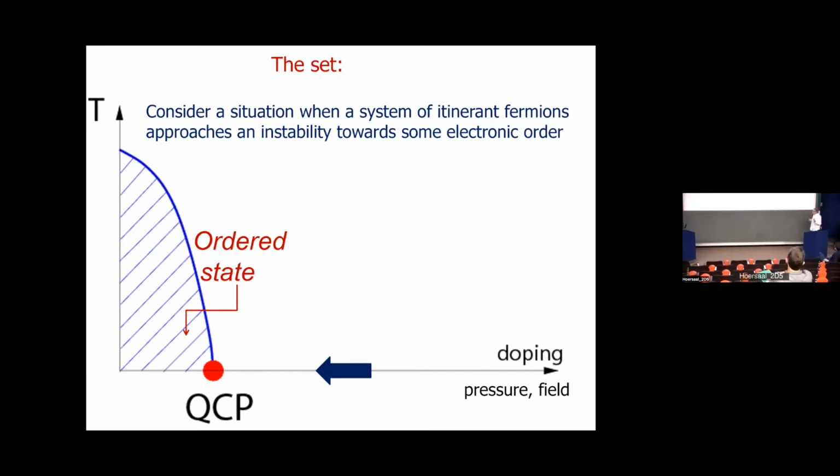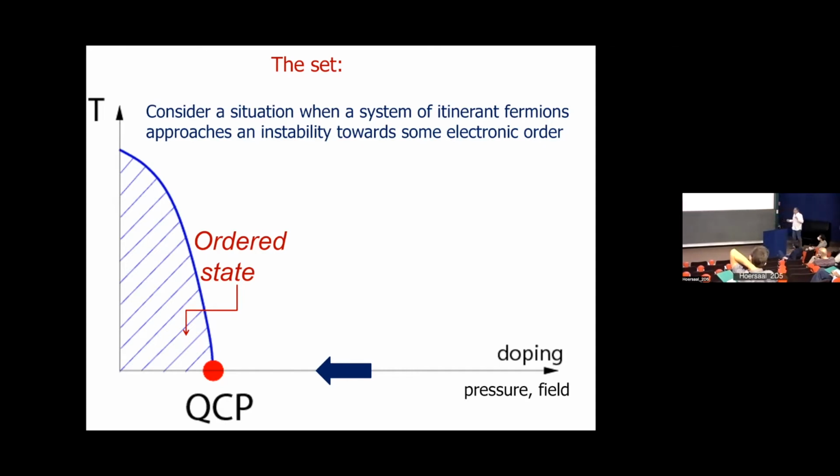So the story I'm going to tell is formulated like this. You take a system and try to make it as general as possible. So let's assume that we have a bunch of interacting fermions. By changing some parameter, being doping, pressure, field, you bring the system towards a quantum critical point, towards some ordered state.